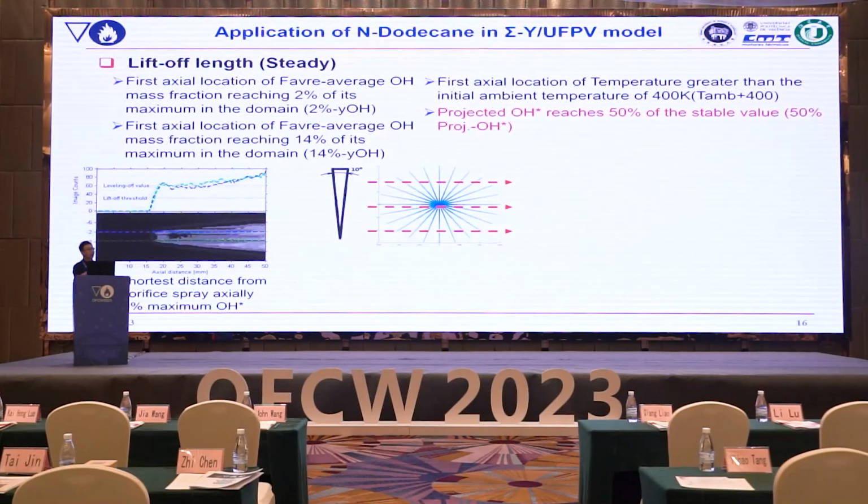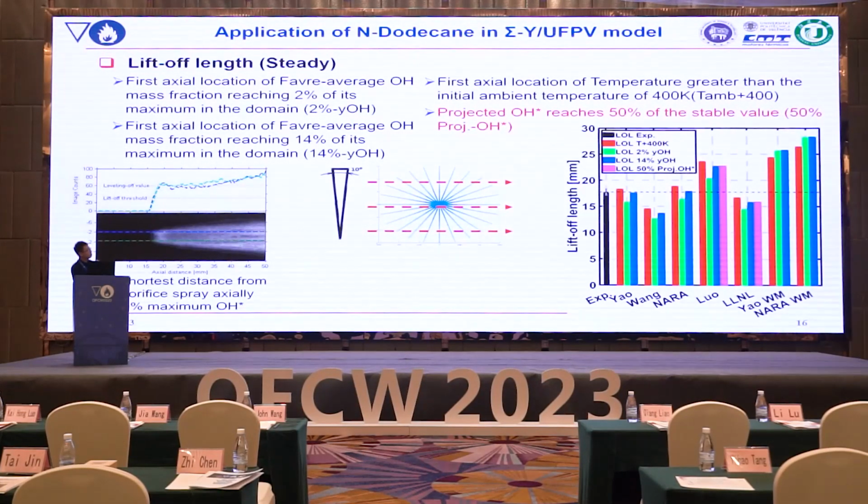It means that we copied our simulation domain to 3D and then projected it in the direction vertical to the spray axis. And then we compared the 5 different mechanisms with the 4 different lift-off length definitions.